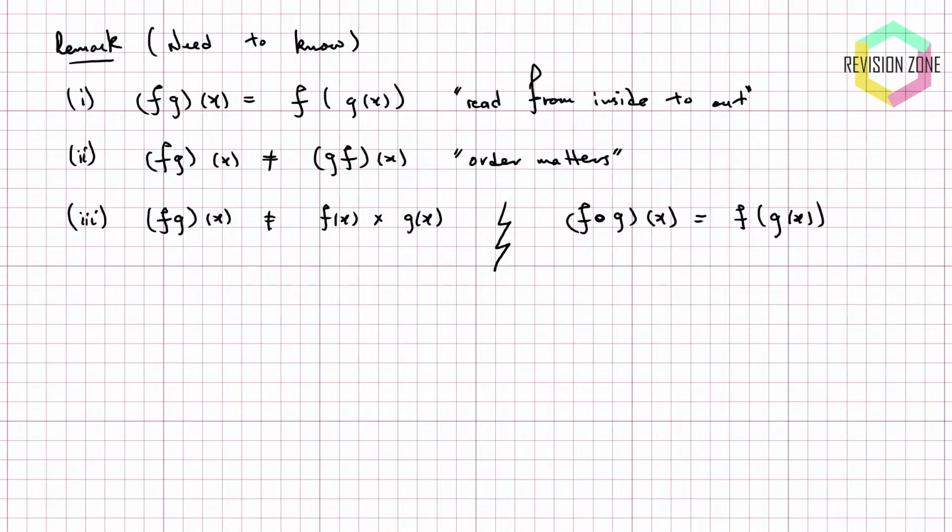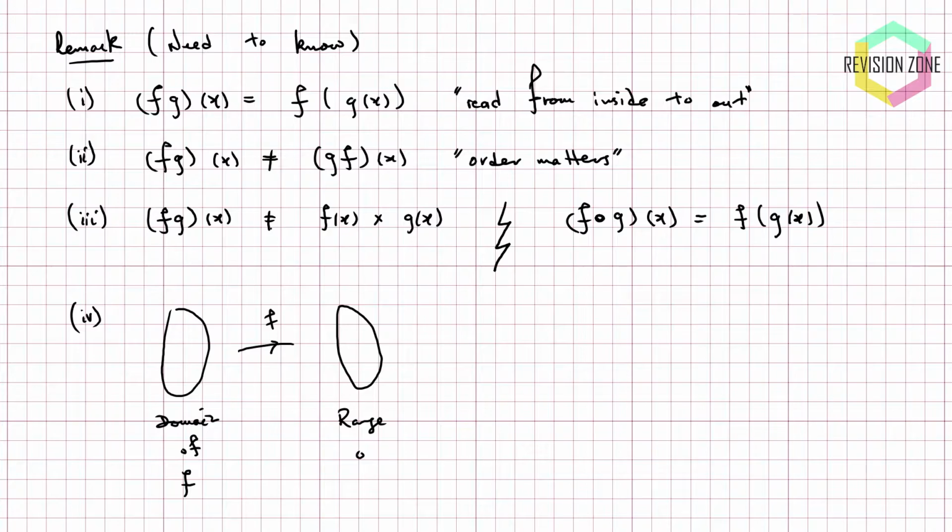And the fourth point I wanted to make is that we've got to be very careful how we combine functions. In particular, say this is the domain of some function f, and then you've got the function f acting on the domain to give you some range, the range of f.